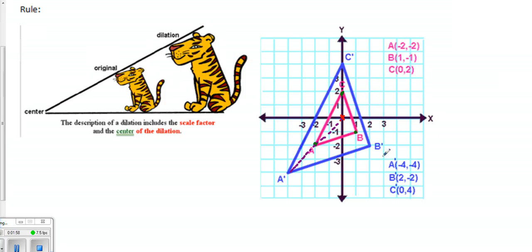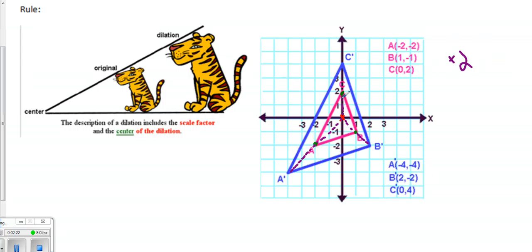Now it kind of makes sense that if these are -2 and -2, we multiply those by our scale factor of 2, multiply by 2, we get -4, -4. Same thing, as we come out to original B, it's twice as far now out to B prime. So 1, -1, we multiply those both by 2 and we get 2, -2.